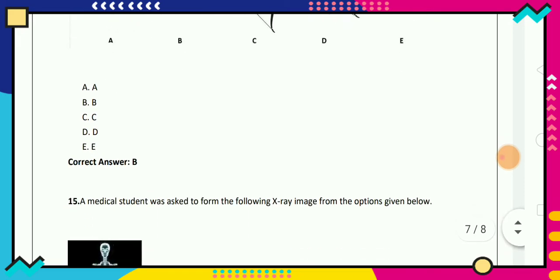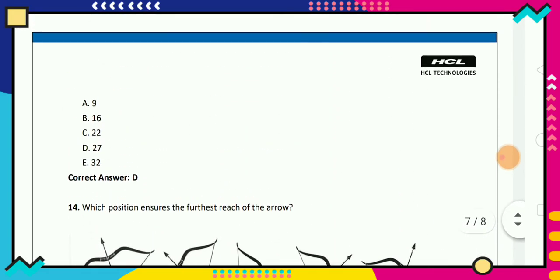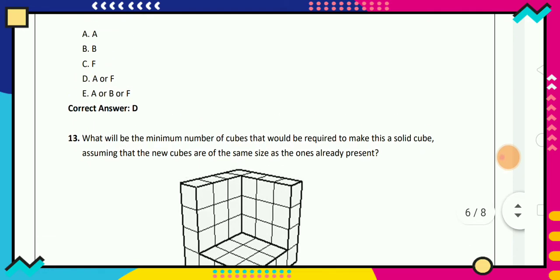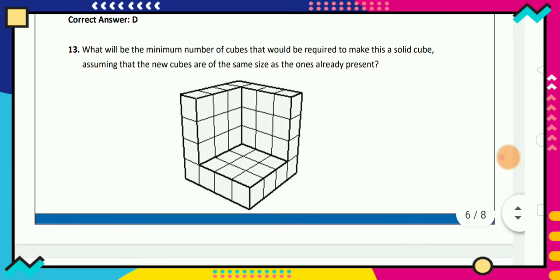You understand? Like that the question will be asked. I had to think so much for this kind of question, guys. I did not see a question like this in the model paper.